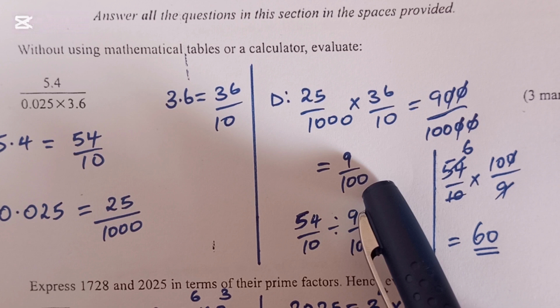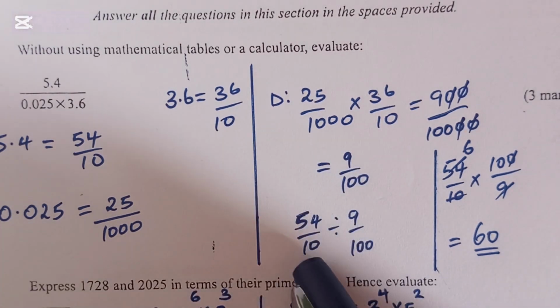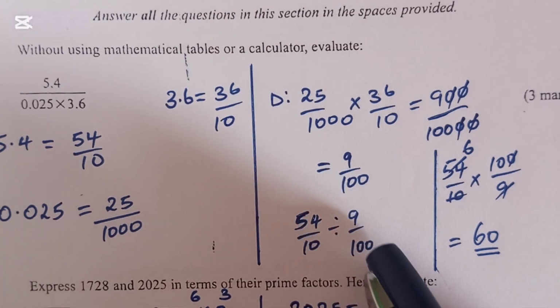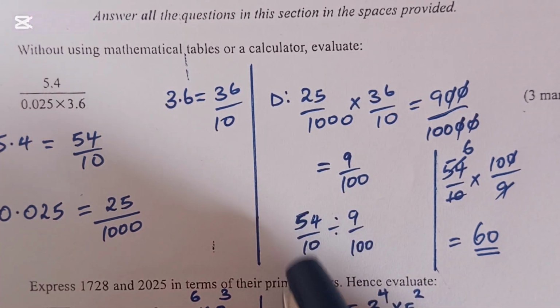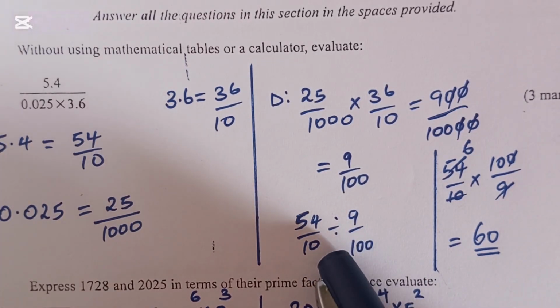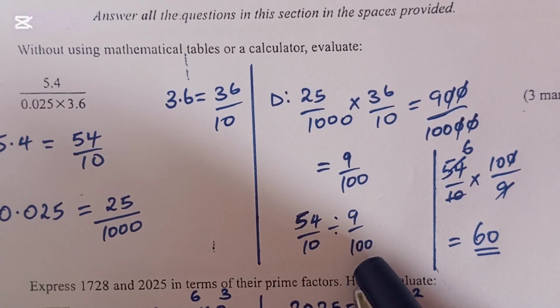For the numerator part, we had 5.4, which as a fraction is 54 over 10. Usually we divide this numerator by the denominator. So 54 over 10 divided by 9 over 100. If we divide two fractions, we multiply the first fraction by the reciprocal of the second fraction.